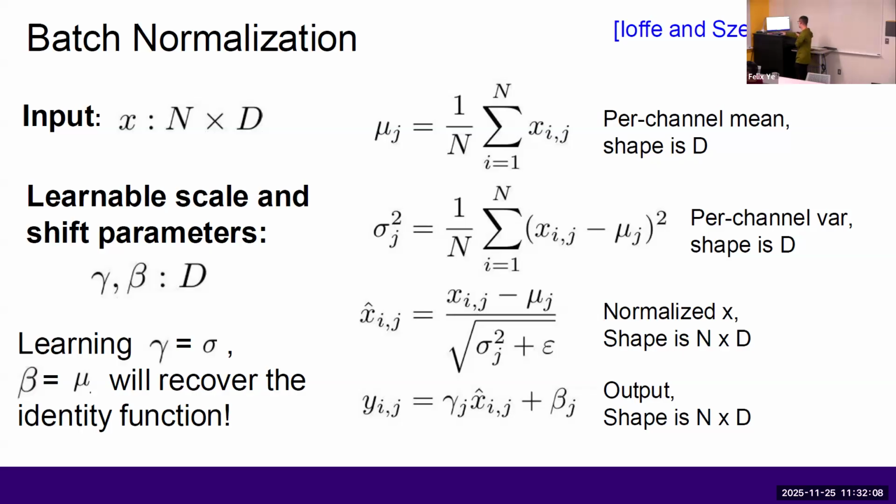So we take this gamma and beta to get the output y. That means after the activation function, we apply a simple linear transformation, and hopefully we can scale it well. Of course, if we choose mu and sigma, that's exactly the whitening we are looking for.